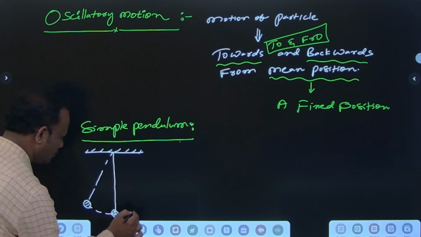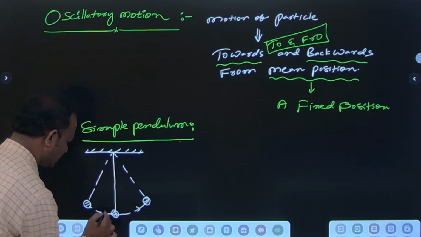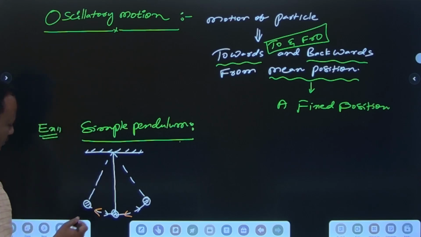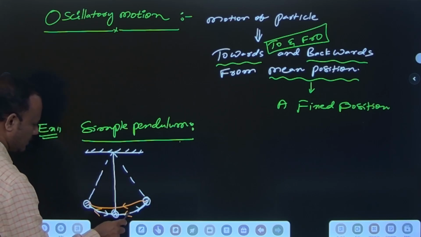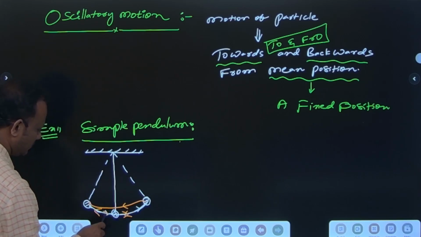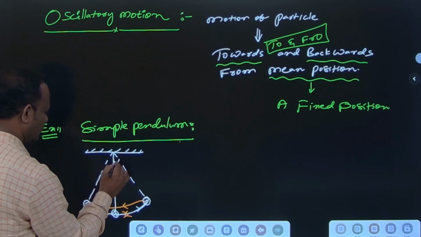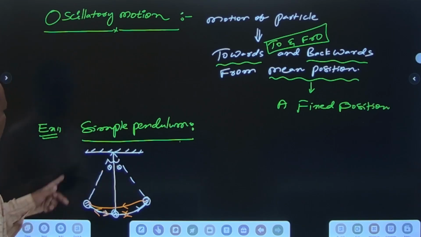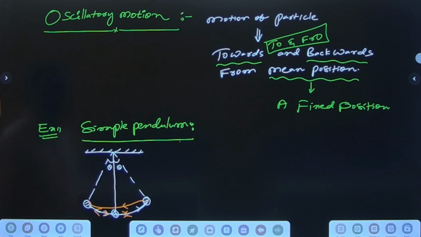It moves towards, then comes back, and again moves towards and backwards. This to-and-fro motion, which makes an angle theta with the vertical, is about the simple pendulum. Later we will discuss the simple pendulum completely.